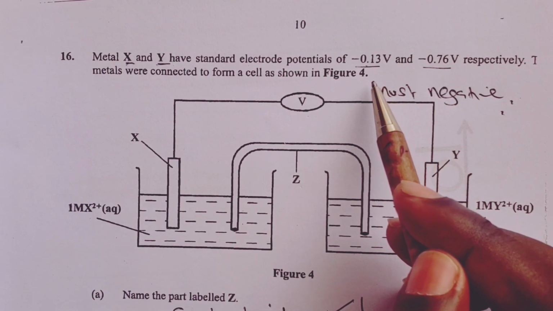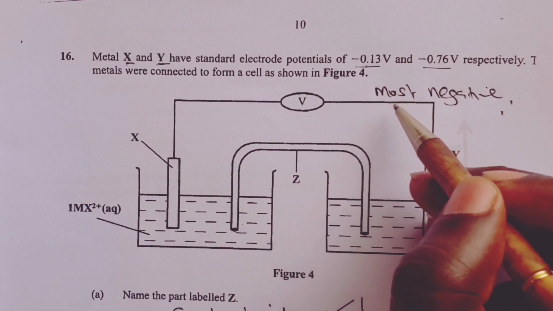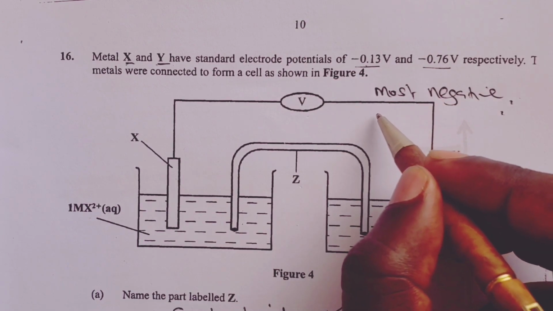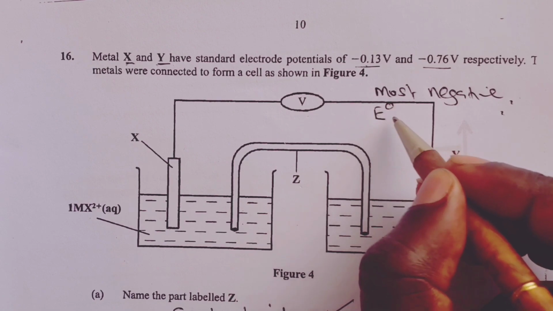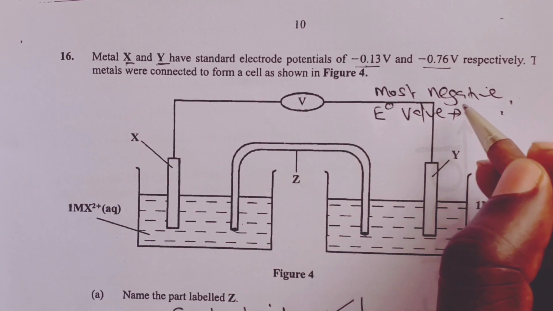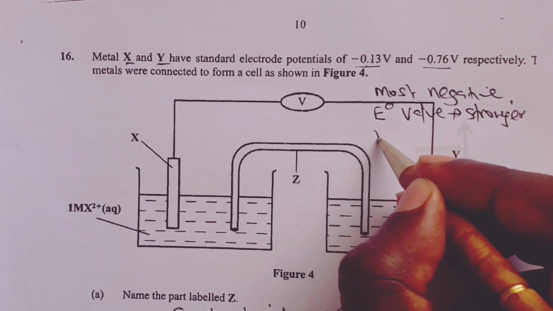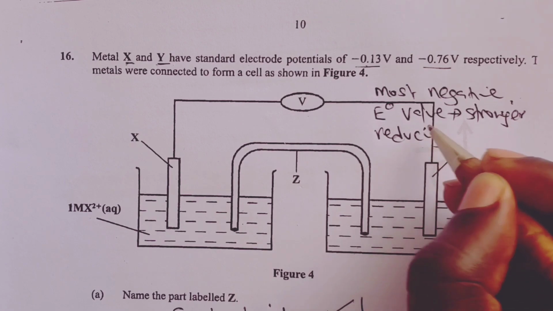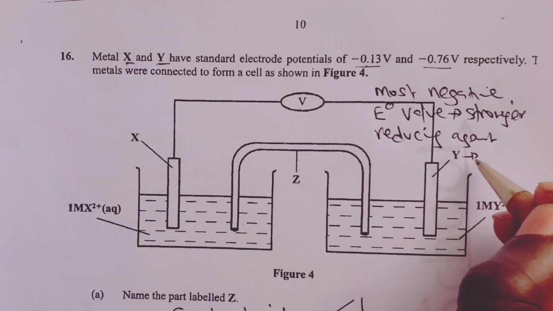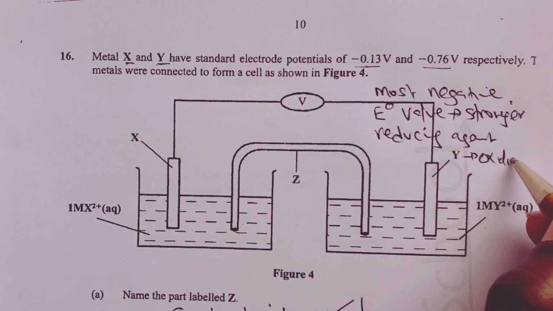I'm going for the most negative because here the values given are all negatives. So the guide is that the electrode or the half cell with the most negative standard electrode potential, E naught value, we shall take to be the stronger reducing agent of the two. And we know from chemistry that a reducing agent is normally oxidized.